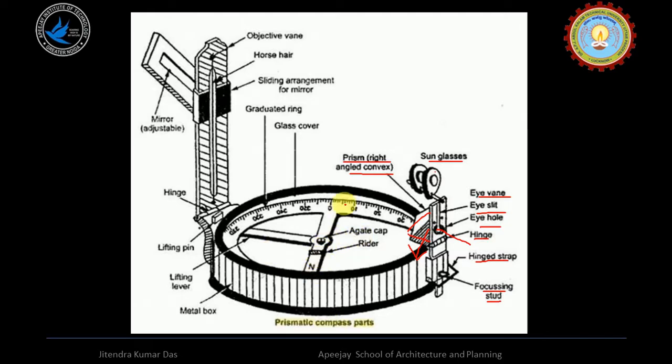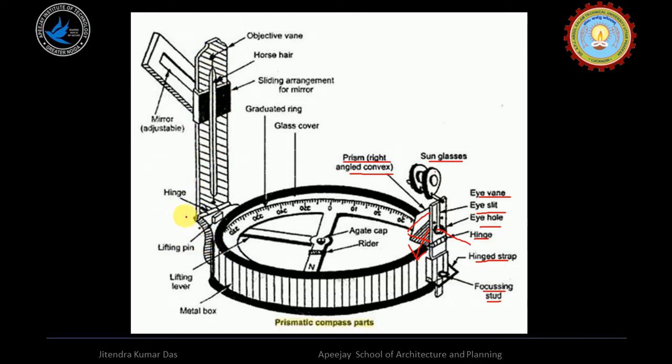Now you see the inside. There is a rider, and this is your aluminum strip, and readings are printed in inverted manner, and it is covered with glass cover, and it has graduated rings made out of aluminum, and it is encased in a metal box.